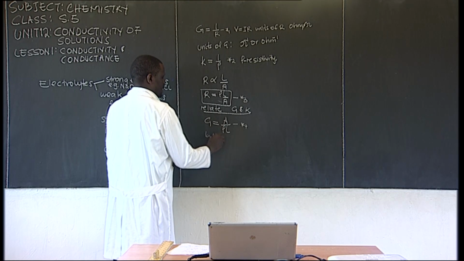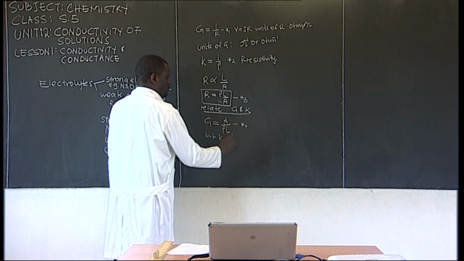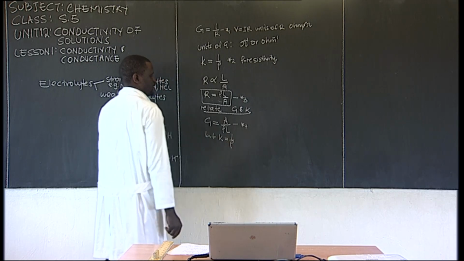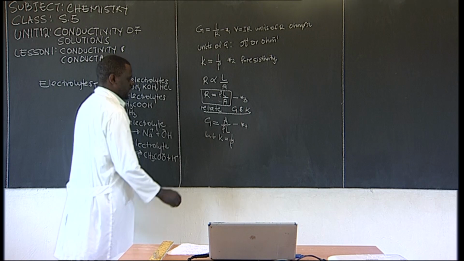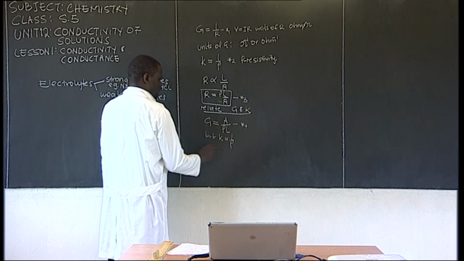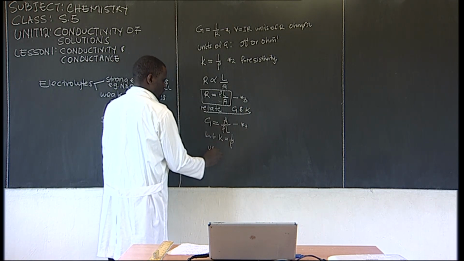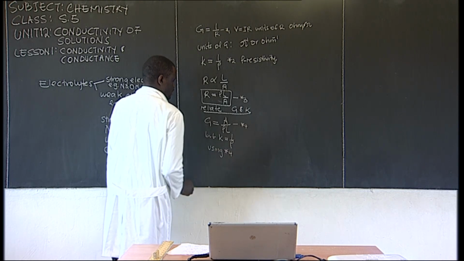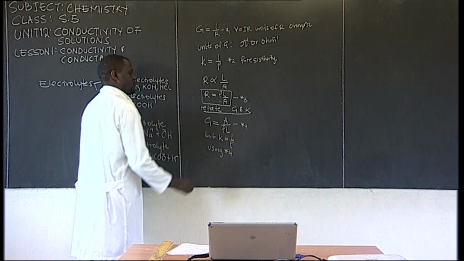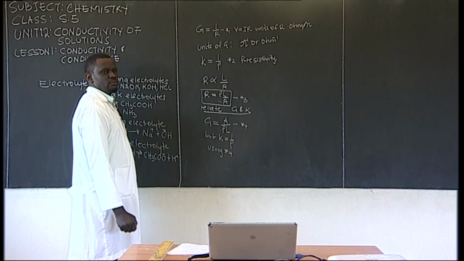But remember we said our conductivity is equal to 1 over resistivity. So using this star here, that equation, we can make resistivity the subject of our formula.